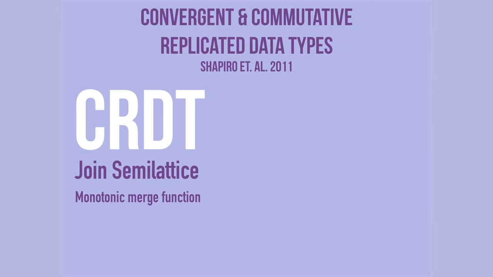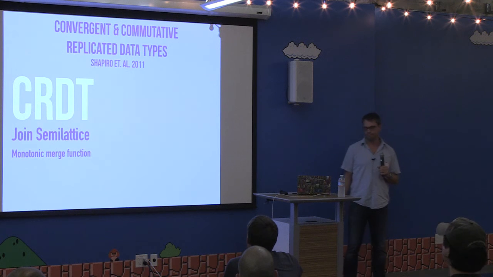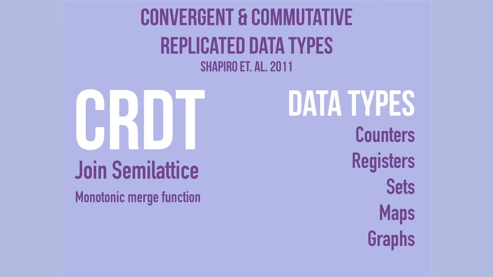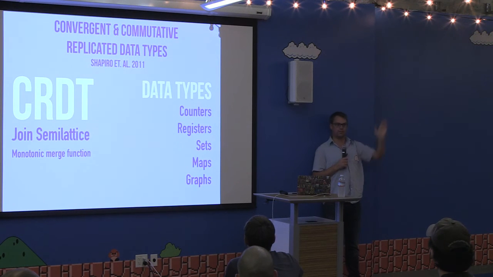CRDTs basically stands for convergent replicated data types or commutative replicated data types. Some also say conflict-free replicated data types. They have lots of names. But the interesting thing is that, long story short, most eventually consistent databases basically just implement one data structure. That's a register, key value.